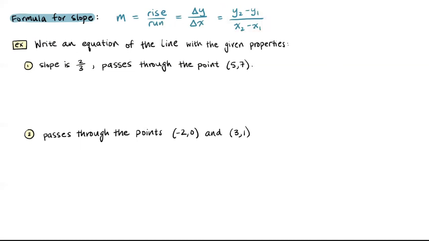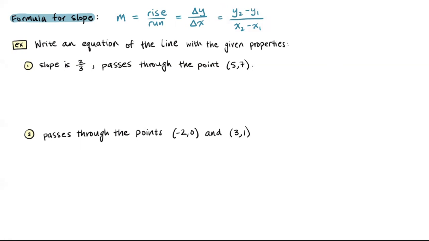Okay, so let's practice writing an equation of the line given certain properties. The first example is that the slope is 2/3. There are many lines with slope 2/3, but we want the one in this case that passes through the point (5, 7).